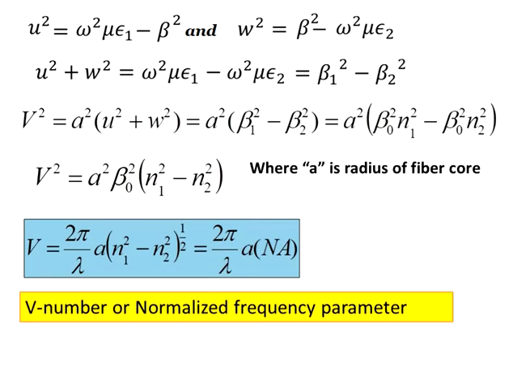But if we consider this V number, it is related with the lambda as well as the numerical aperture as well as the radius of the core, and it is directly proportional to the radius and the numerical aperture and inversely proportional to the wavelength. It is also related with the number of modes that can be transmitted through the fiber.